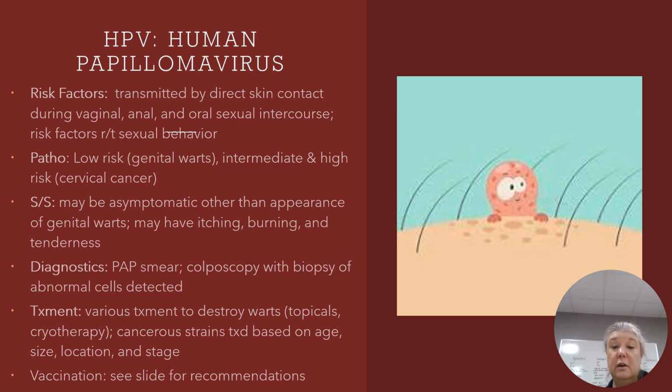There is a picture. Darn it, I didn't write the page number down, but it's figure 67.1. It shows you what genital warts look like. I am not putting it on my PowerPoint, but you are going to want to take a look at that. Make sure you take a look at that.